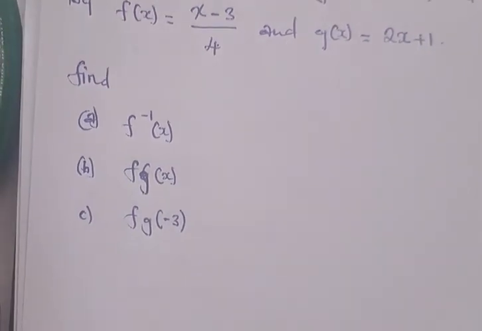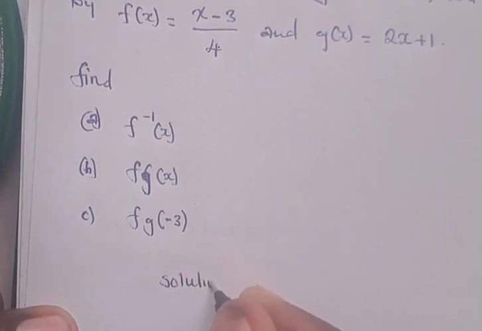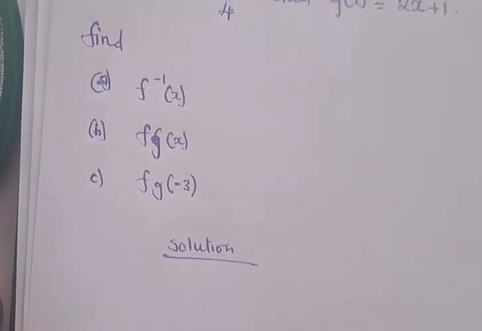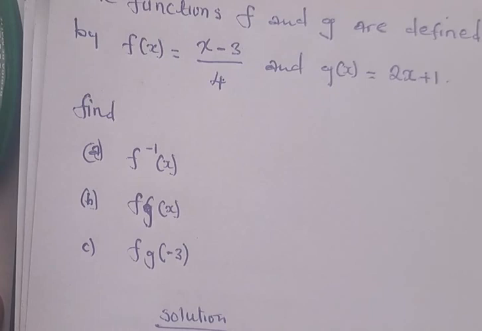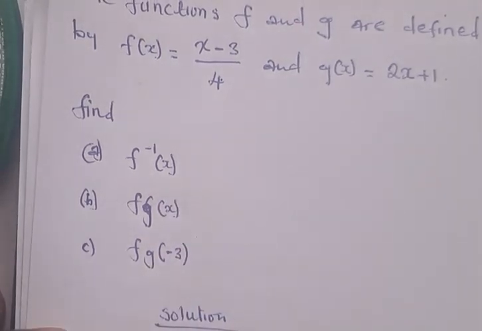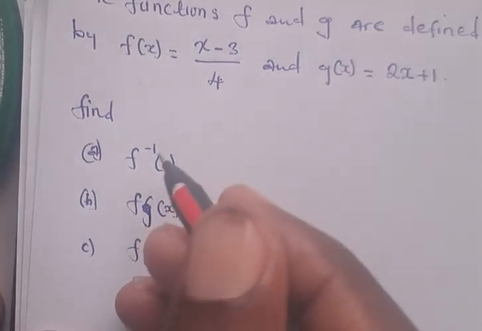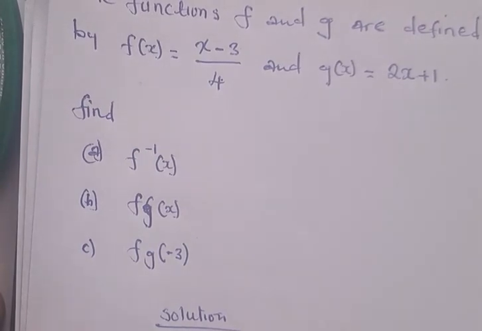So let's hit it. All right, here's my solution. Remember, we're going to rewrite the same function, the same formula, the way it appears here. We're going to say f of x is equal to, since we're looking for the inverse of f of x, x minus 3 over 4.